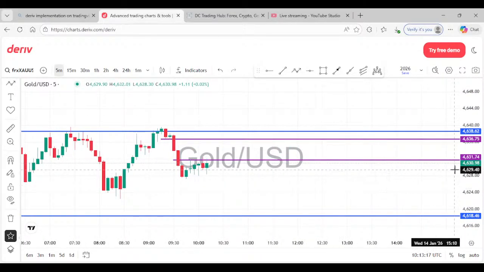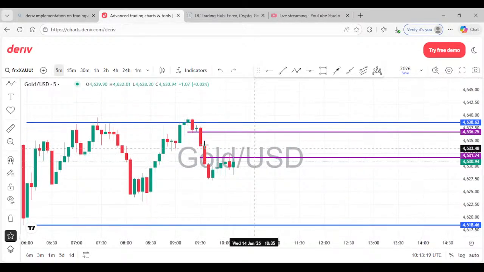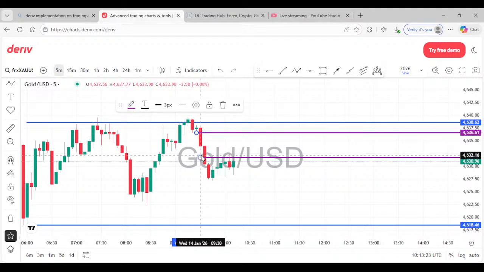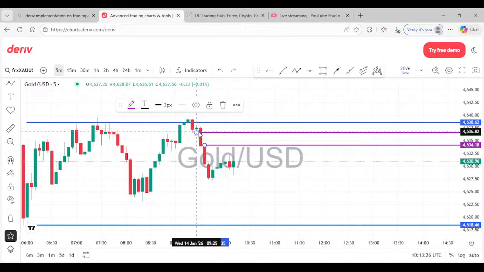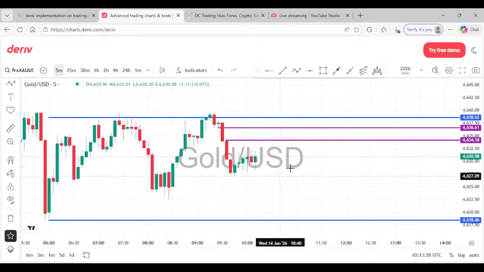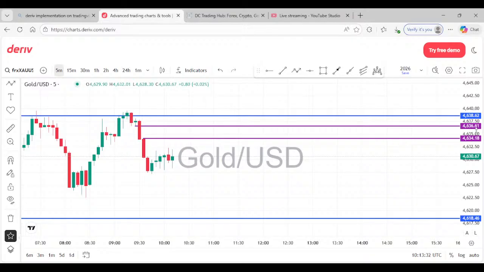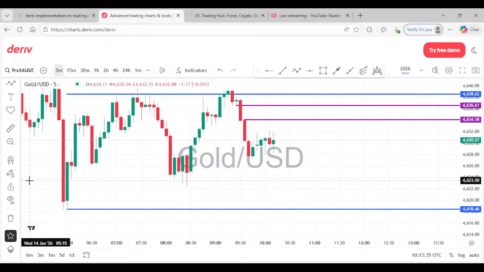Going down to the 5-minute time frame, we can narrow down our analysis. Then we can see that we have a fair value gap. On top of that fair value gap, we also have a supply zone. So what I'm anticipating is this: our target is going to be this level here.